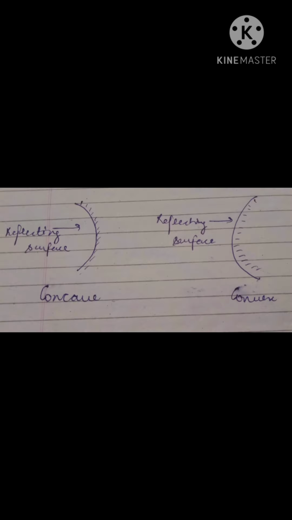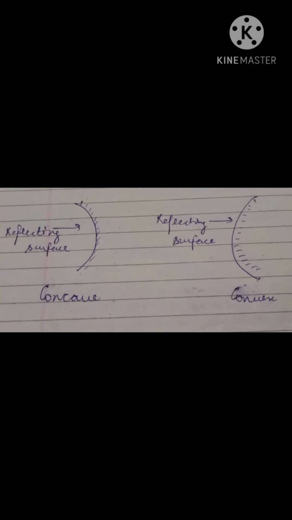Now in this diagram you can see the concave mirror. In this, the reflecting surface is bent in. You can see the cave-like structure; that is your concave mirror. When the reflecting surface is bent in, that is a concave mirror, and when the reflecting surface is bulged out, that is a convex mirror.